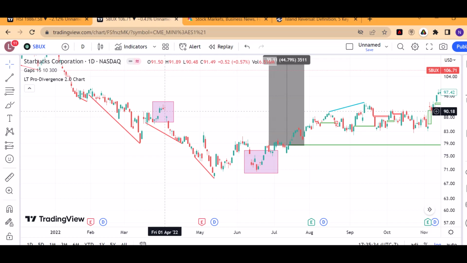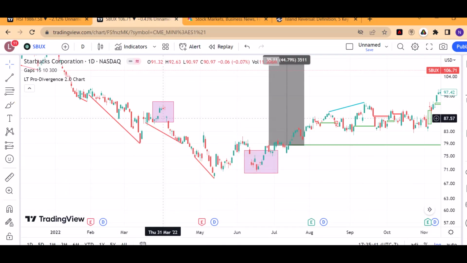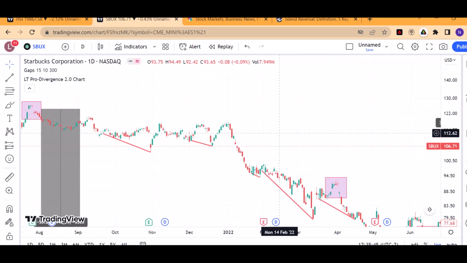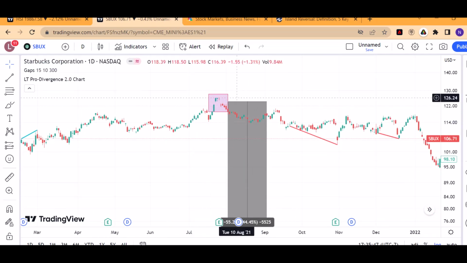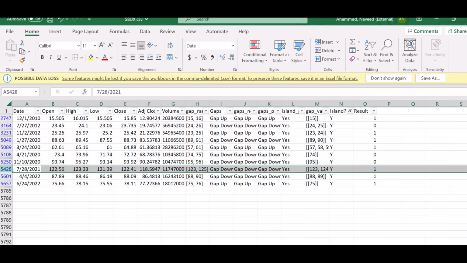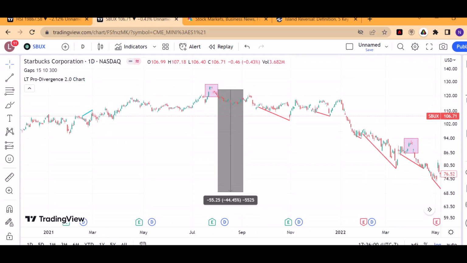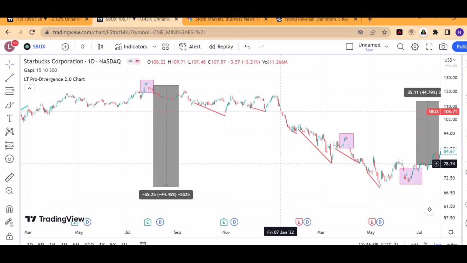And here, in April 2022, we got a pattern. See, a sharp decline. Around July 21st, you got a gap down. How much gap down? 35%.